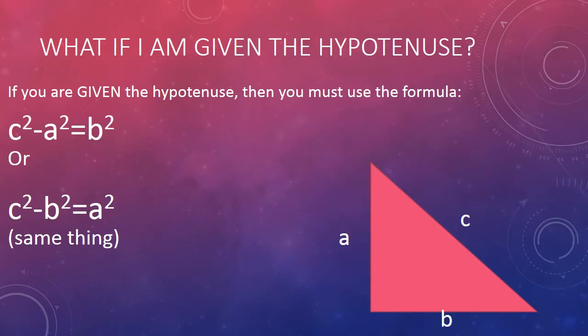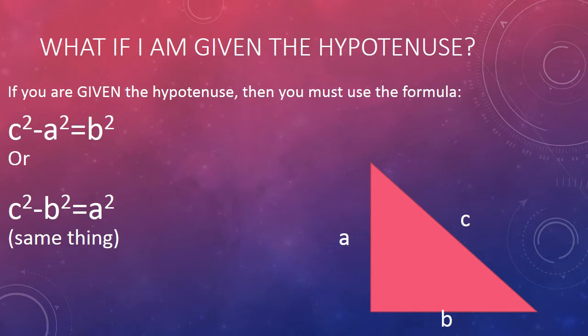What happens if I am given the hypotenuse? If you're given the hypotenuse and asked to find either a or b, you're going to have to use one of the equations depending on which other side length you are given.